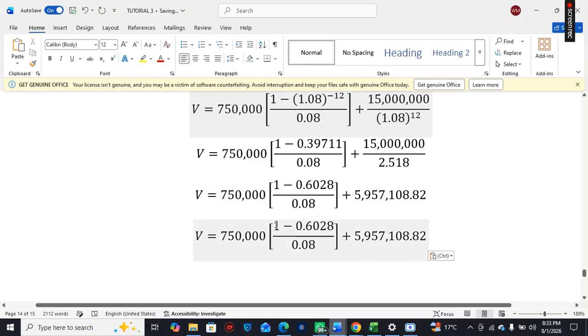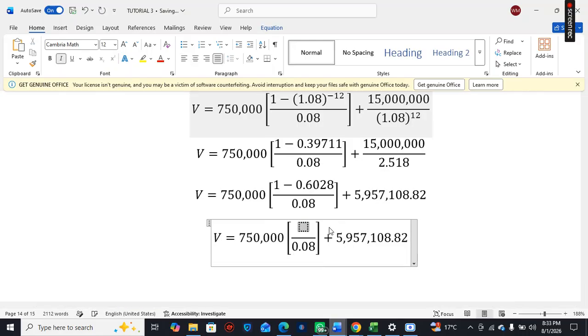Okay, here 1 minus 0.6028, you get 0.3972.